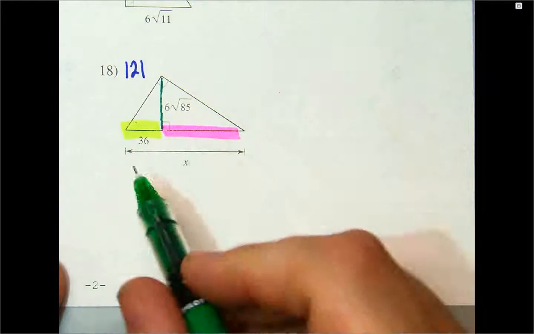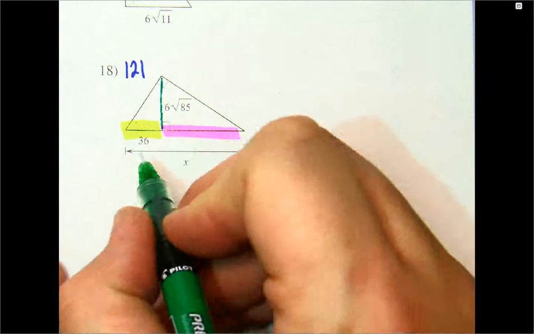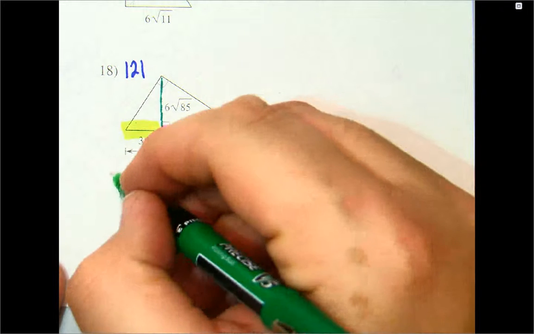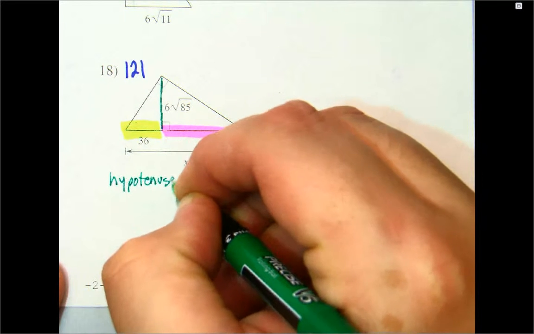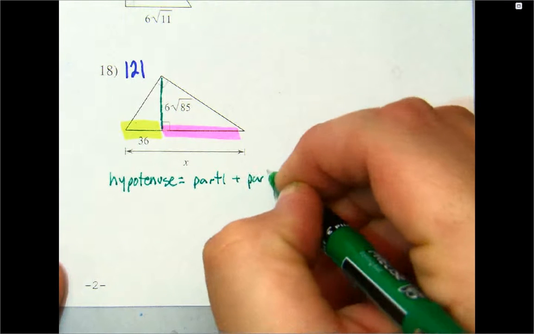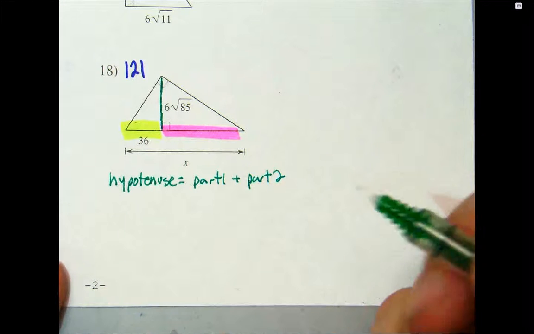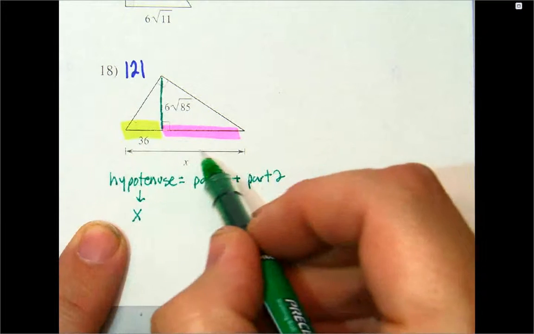Now the problem is, I know 36 here, but I don't know this. But I know the whole thing is x. So you could think of the hypotenuse is equal to part 1 plus part 2. Well, the whole hypotenuse is x, because that's what we're told here.